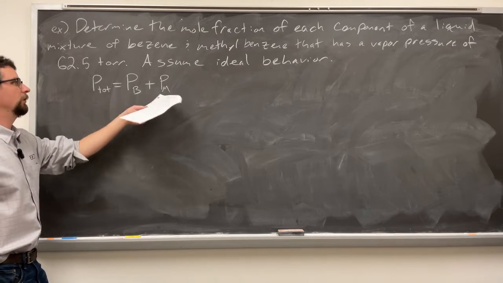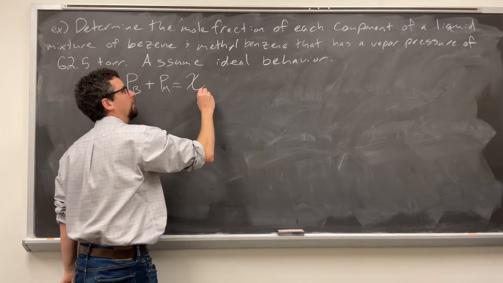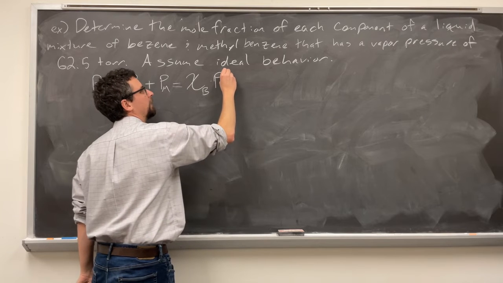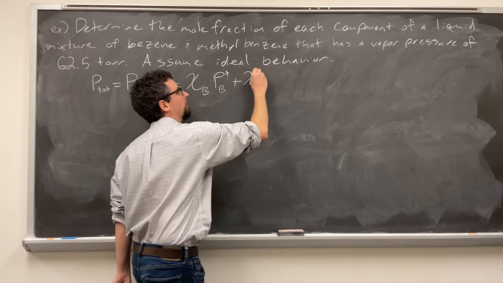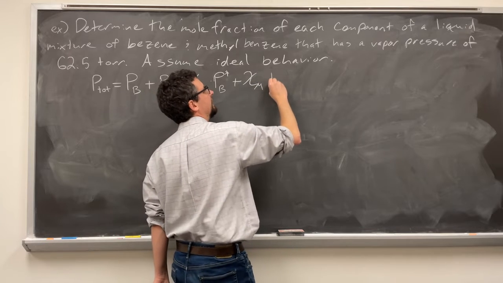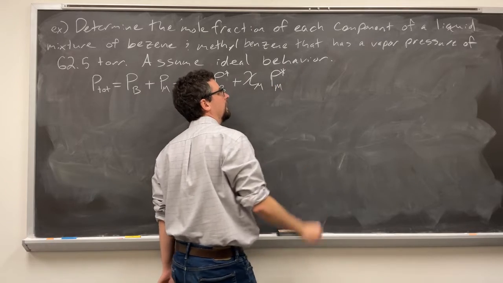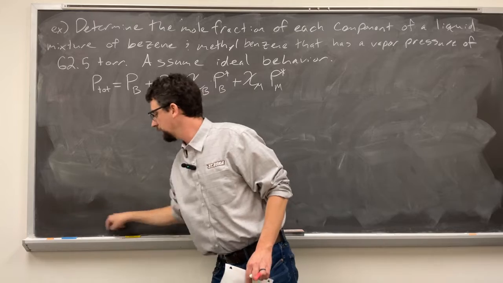However, utilizing Raoult's law, we can break these down further. We could look at the mole fraction of benzene times the vapor pressure of pure benzene plus the mole fraction of methylbenzene times the vapor pressure of pure methylbenzene. We can find those pretty easy.